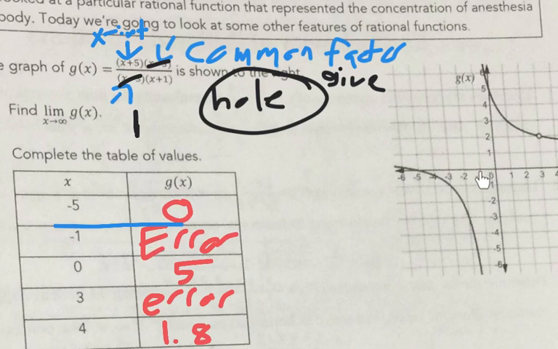But why was there not a hole? You see, there's no hole at -1. What is there at -1? Vertical asymptote. So why did one denominator error cause a hole and one caused a vertical asymptote?